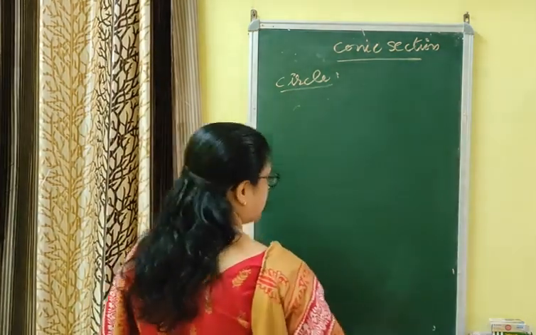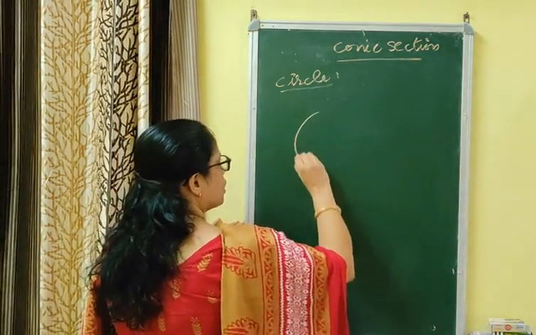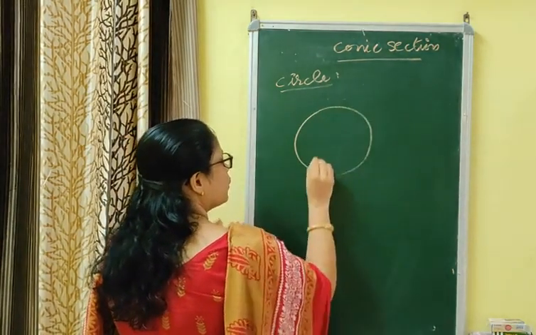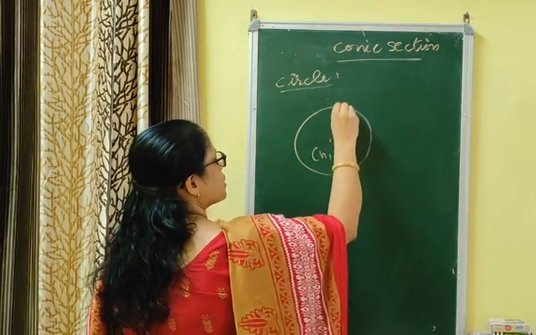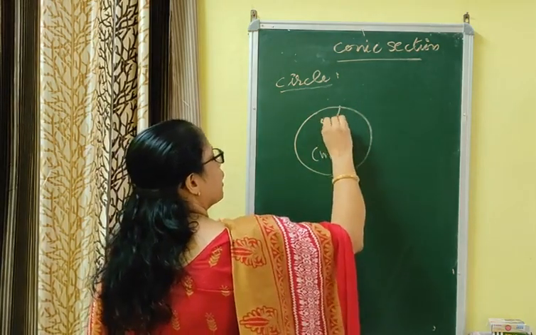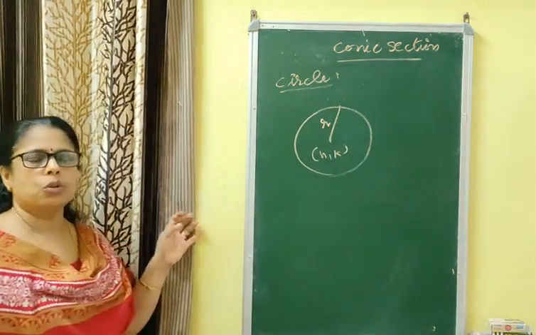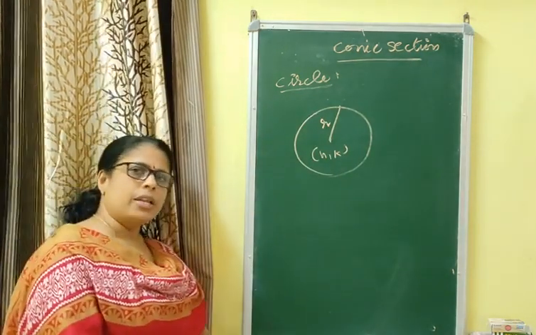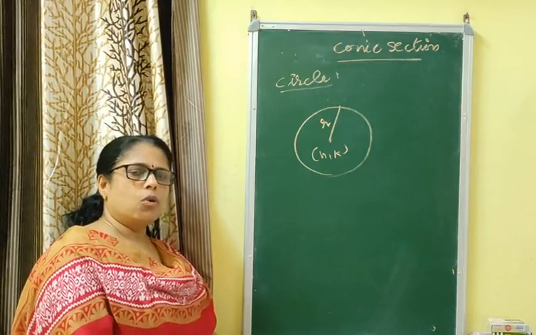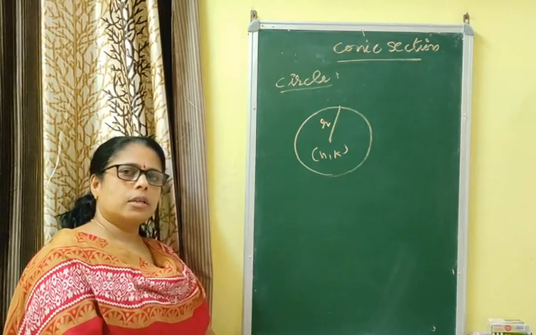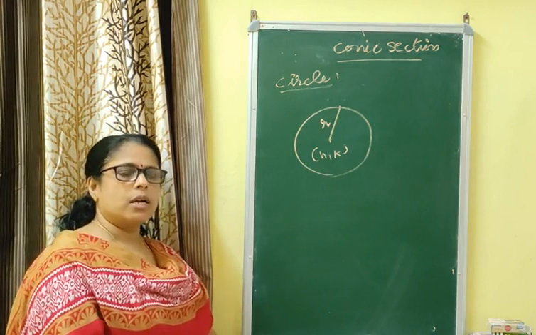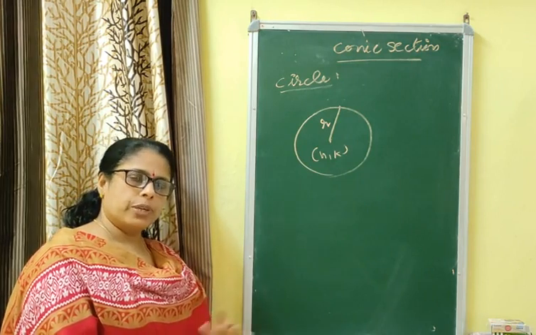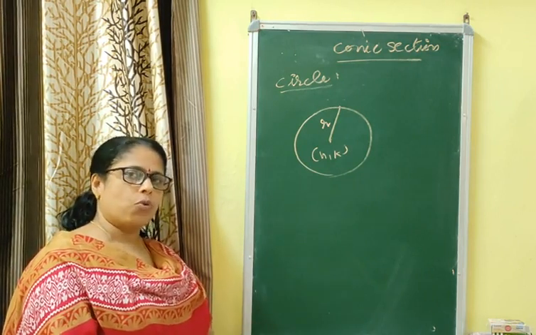Suppose that you are given a circle with center, say (h, k), and radius r. In order to derive any form of equation, as I told you in the last classes in the case of straight lines, we have to assume a general point on the figure whose equation is to be found out.